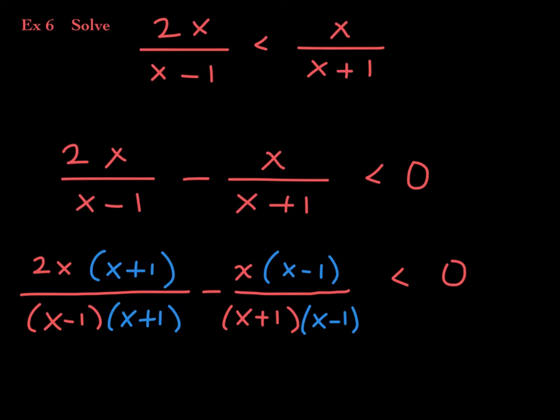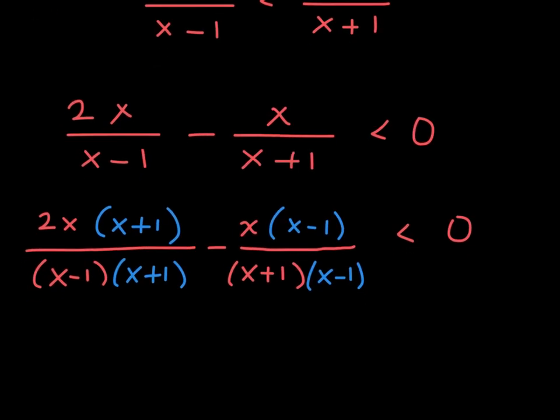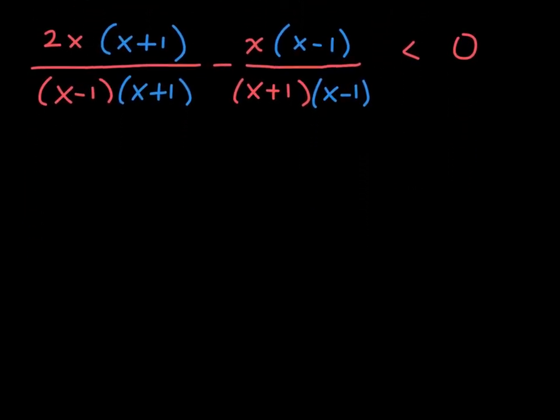All right, so now, let me move this up for us, shall we? Now, the numerator here turns out to be 2x squared plus 2x. That's me distributing this 2x here, okay? And then distributing a negative x here gives me negative x squared, be careful with your signs, plus x.